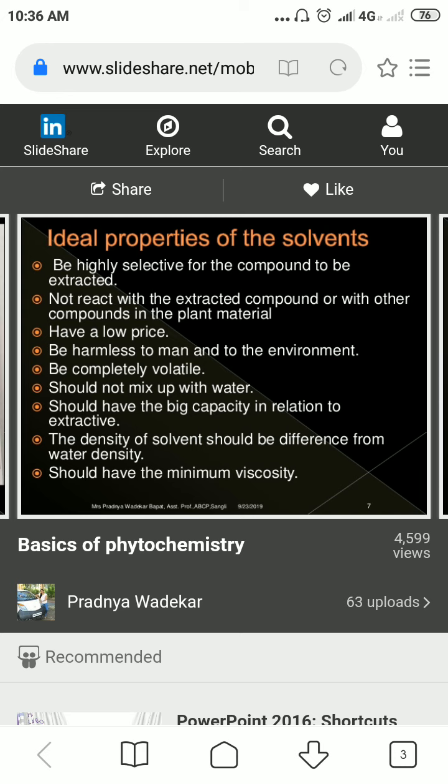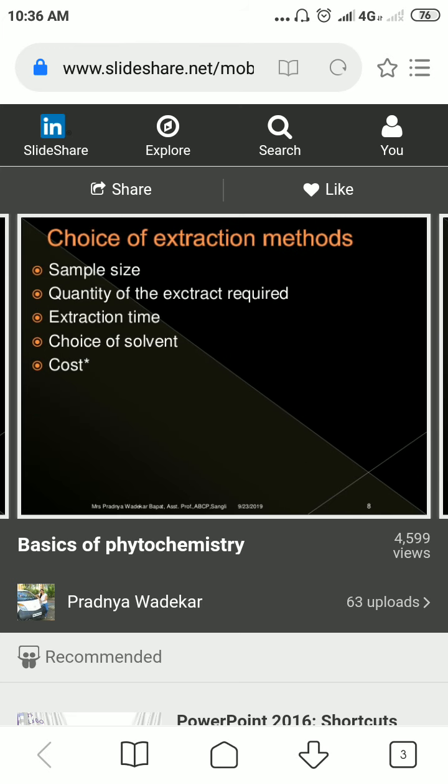So these are all ideal properties for the choice of any solvent for preparation of extract during extraction.